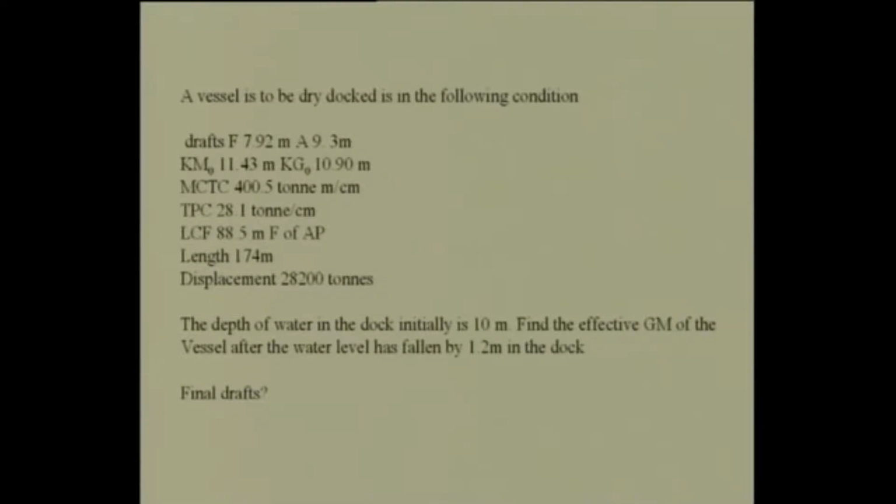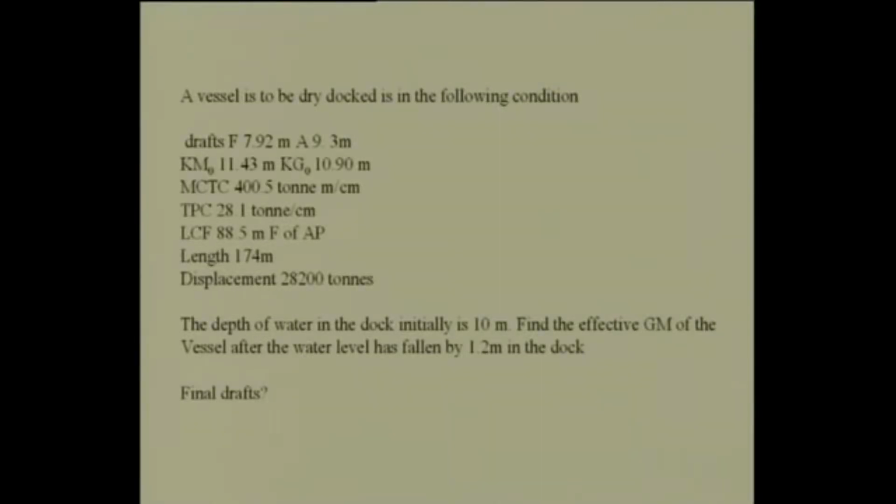The only slightly tricky thing which you might not think of in this problem, the other thing is very much similar to our previous problems, like you find the G0, G1, the change in GM, and you have to find the final GM in this case also. First of all, the drafts forward and aft are given, so you know the initial trim.